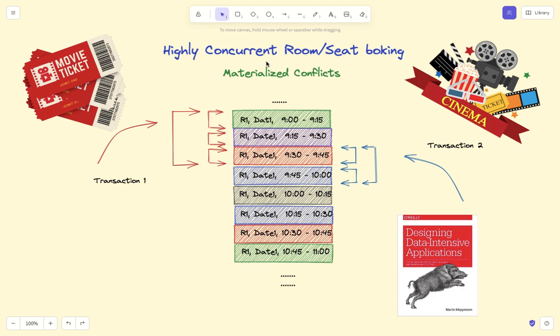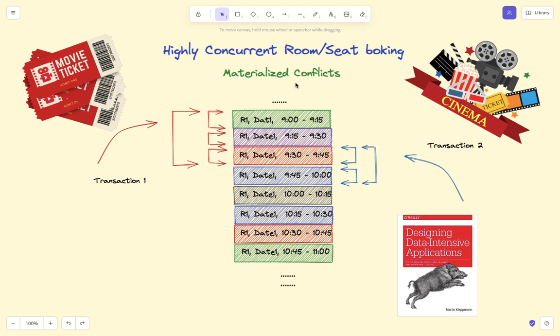So what does materialized conflict actually mean? In this example of meeting rooms, the physical manifestation only existed in the form of meeting rooms. But conflicts can happen when people book the same room for the same time slot. So, what are your conflicts?